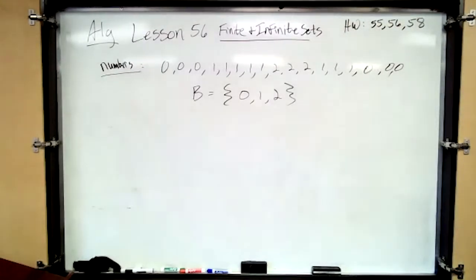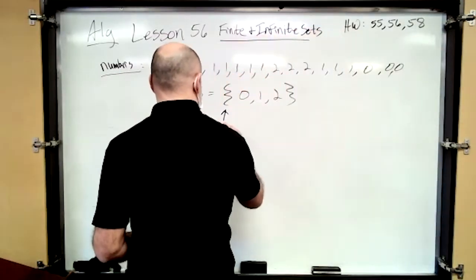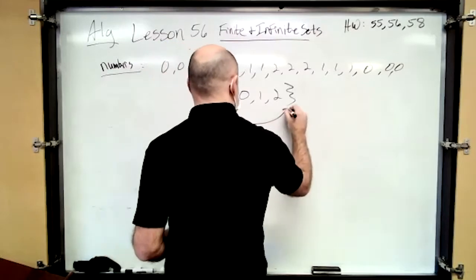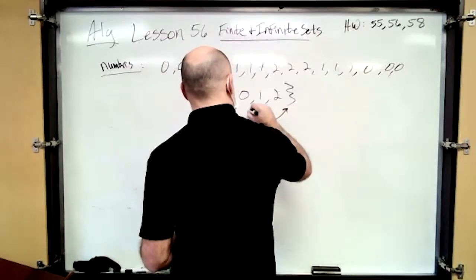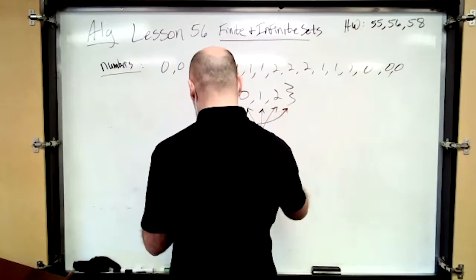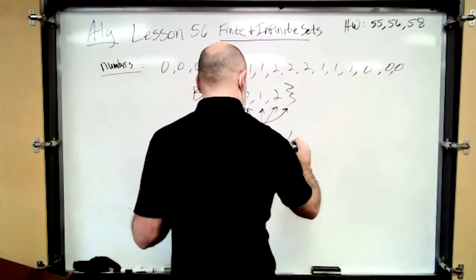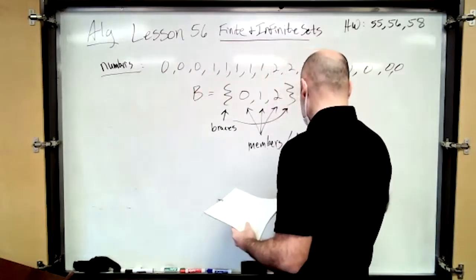Okay? And then we say B is called the set. So these guys, remember, these are braces. And these guys, these are just called members. And sometimes we call them elements of the set.